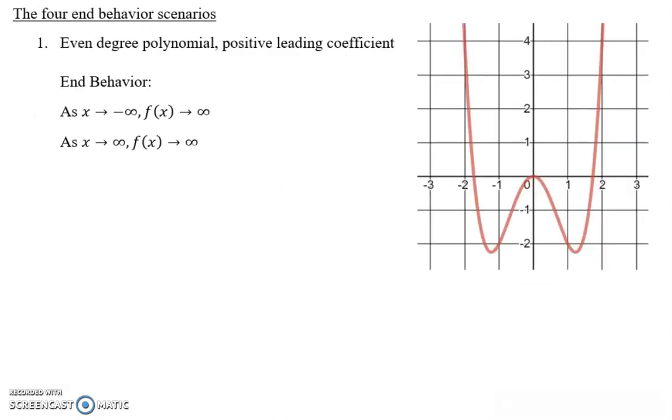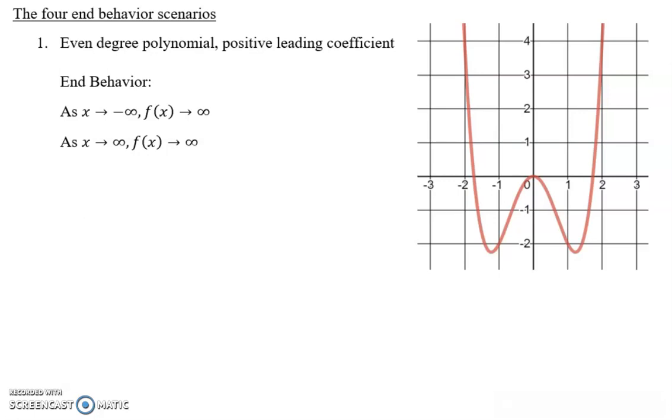So let's finish with the 4 end behavior scenarios, finish part 1. The first end behavior scenario is if you have an even degree polynomial and a positive leading coefficient. There is an example of that graph to the right, but that is not the only way that graph can look.